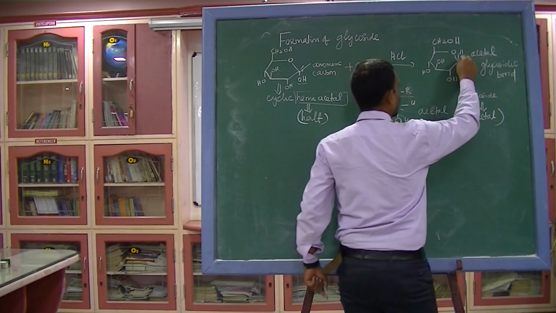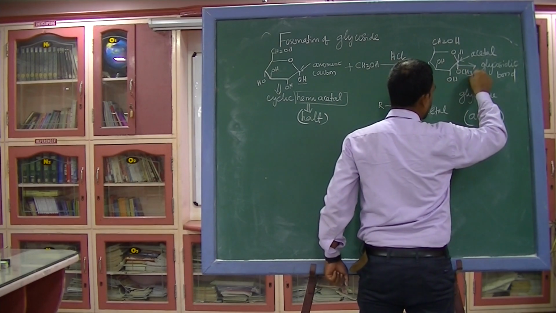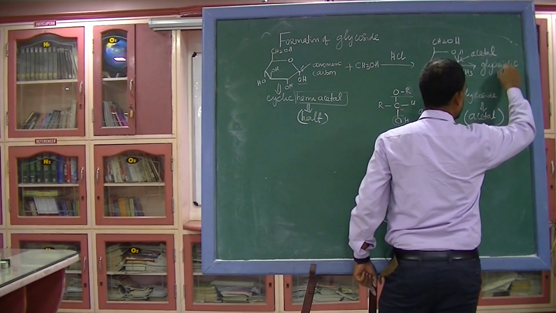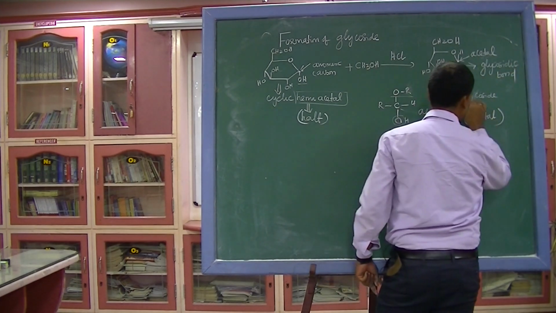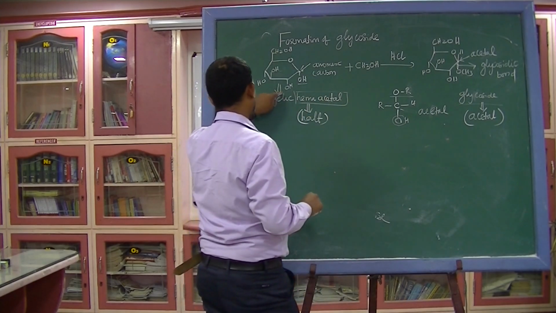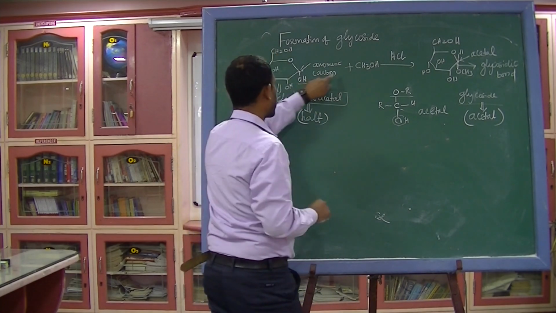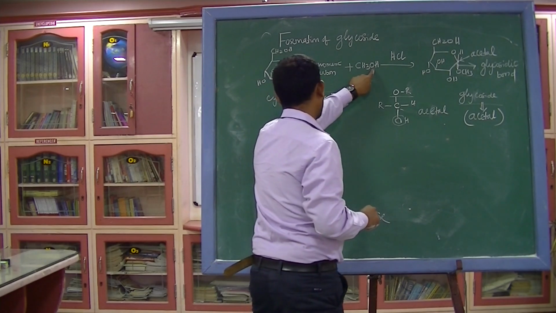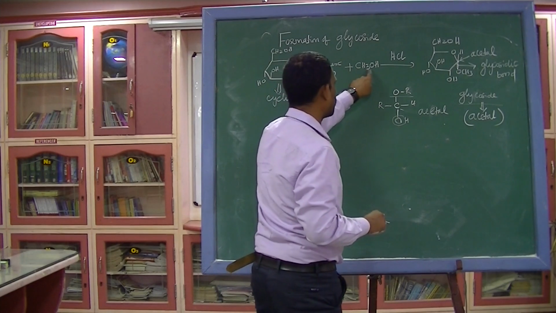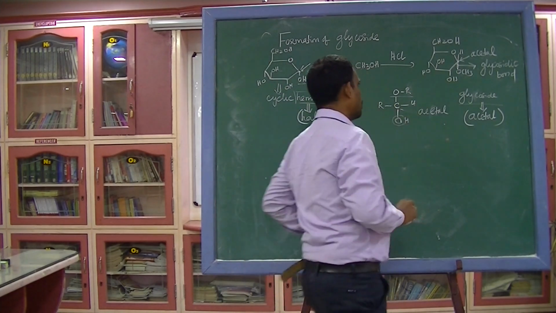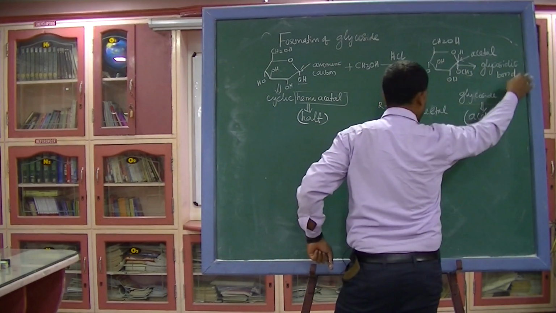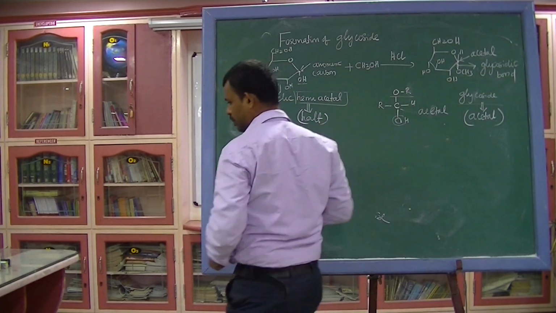The bond between the anomeric carbon and the alkoxy oxygen is the glycosidic bond. So the remaining alcohols won't react. Only this hemiacetal oxygen will react with alcohol and form the acetal. So this is an important reaction. This glycosidic linkage we will discuss in disaccharides.